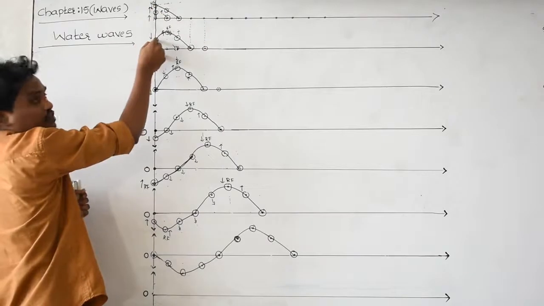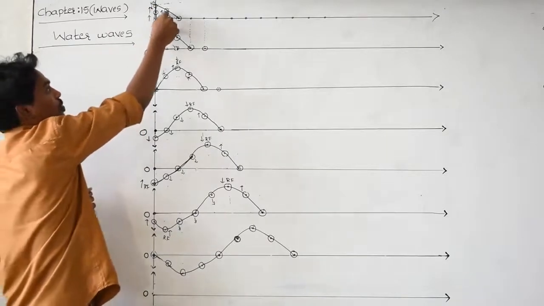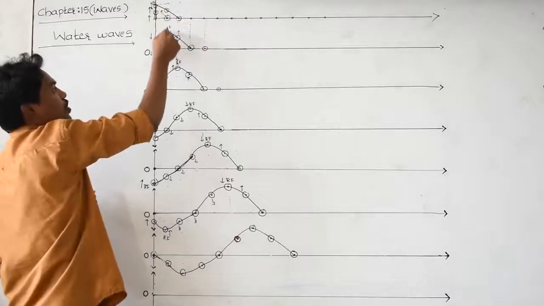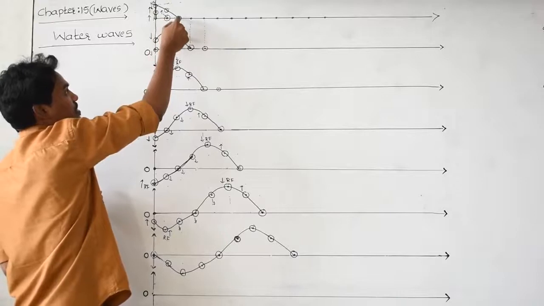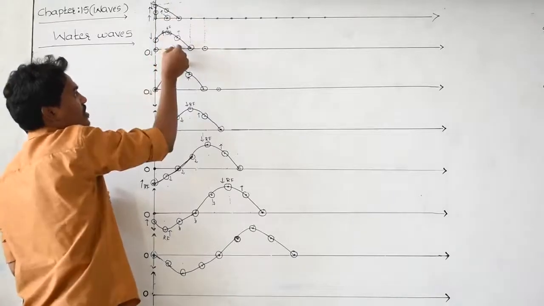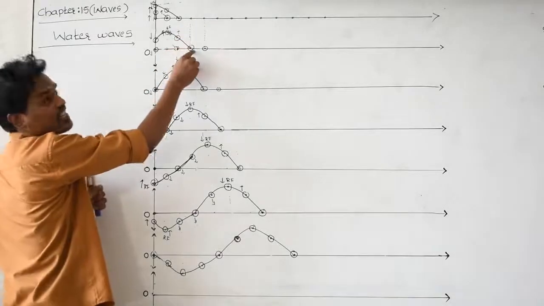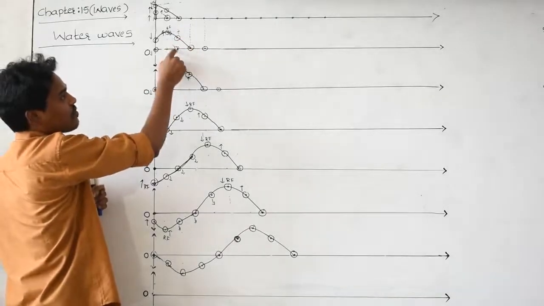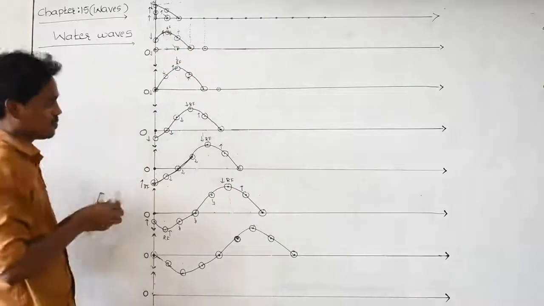Its disturbance has just reached the next one, which just rises up. And the fourth particle is still at rest because its disturbance has not reached. Therefore, this is the nature of the curve.